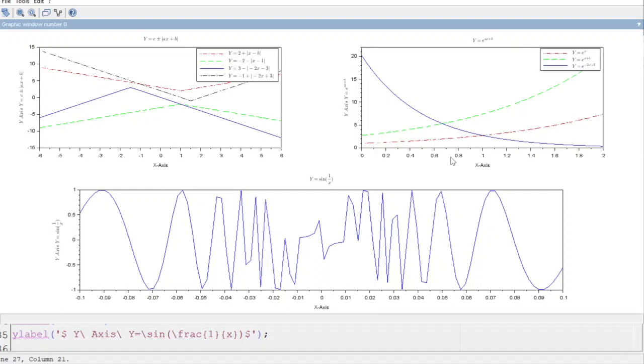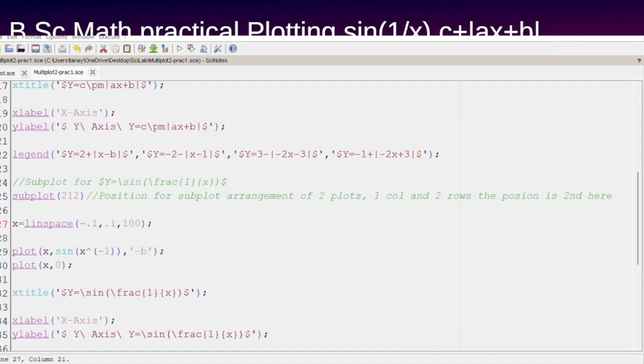So you practice this subplot, try to understand, use different subplot positions and understand where it will be situated.